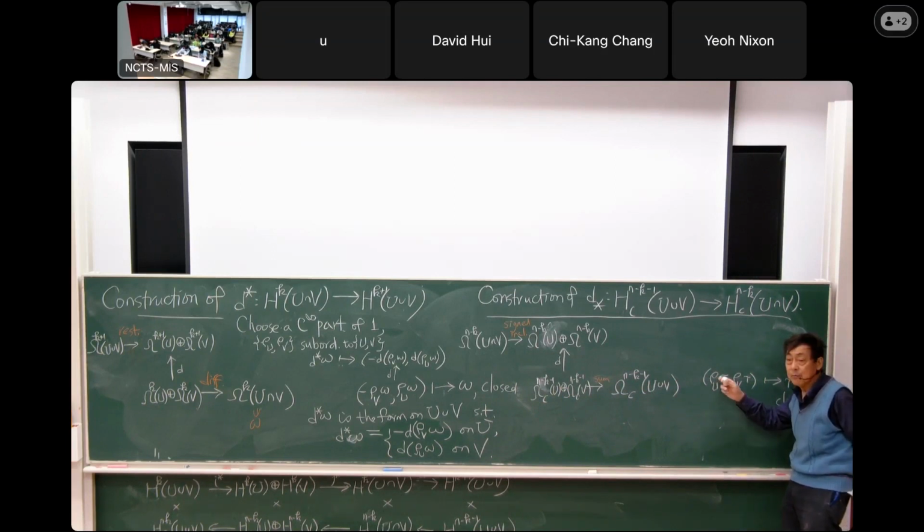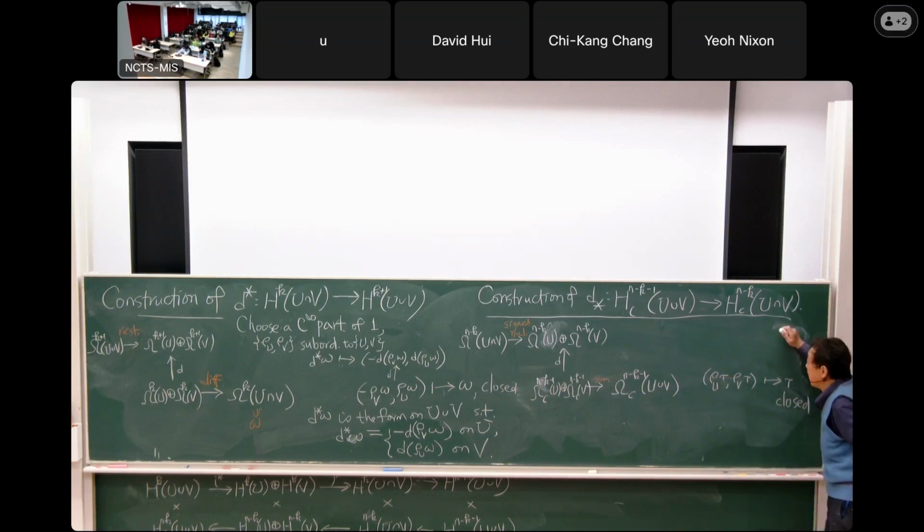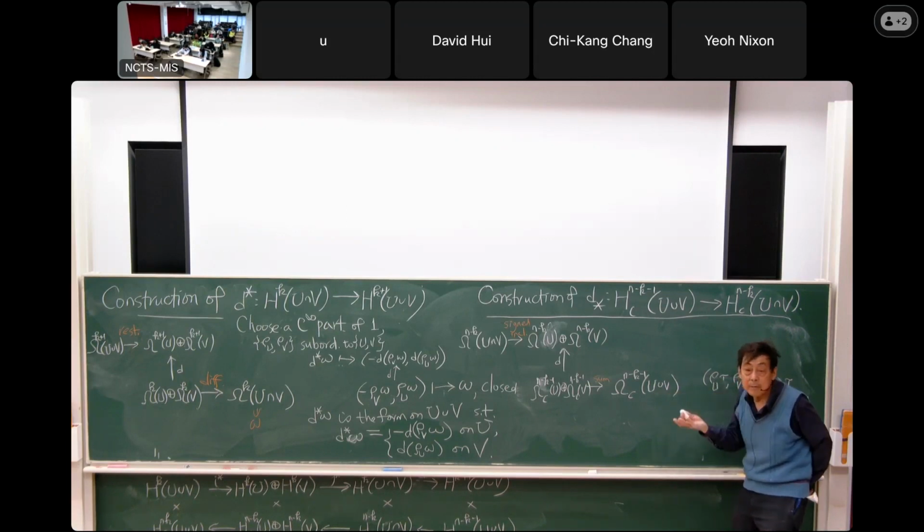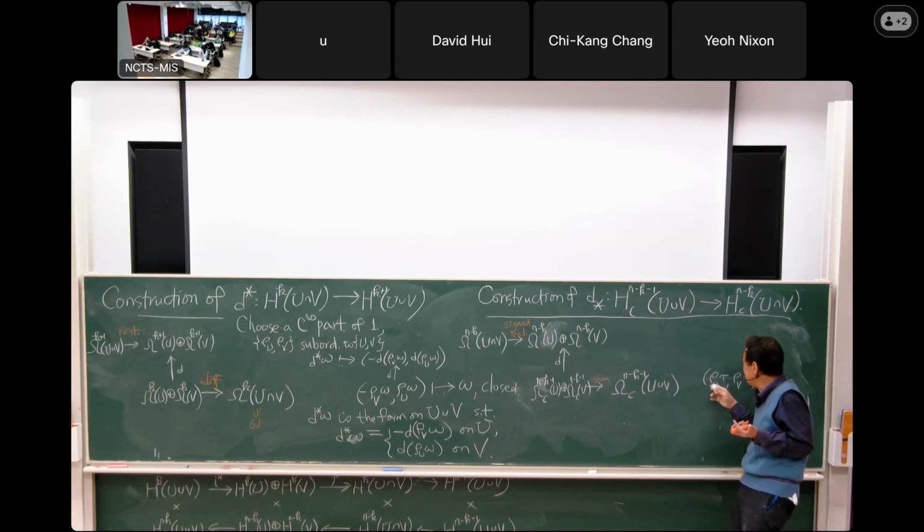Now, actually, rho U of tau is the first factor. You see why? Tau is defined on the union. Rho U is defined everywhere. So you don't have to worry about the domain. I mean, rho U of tau will be defined on the union, okay? And it will have support in U.